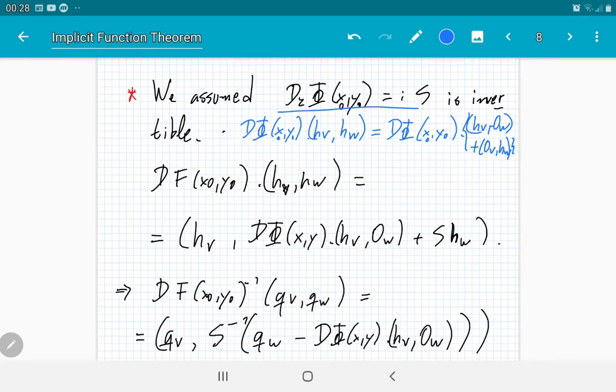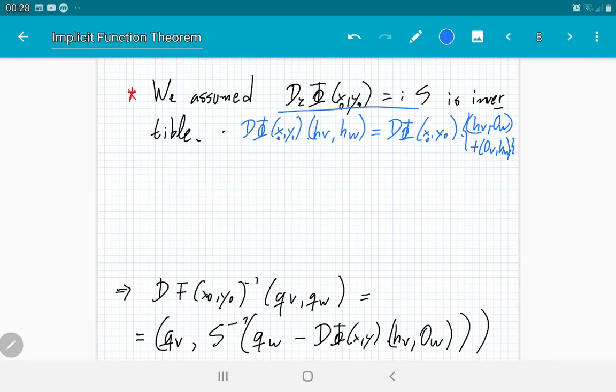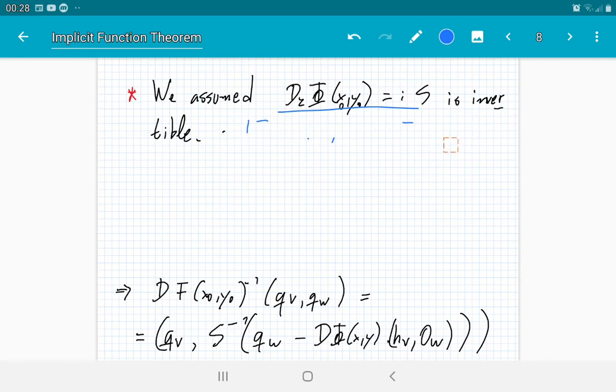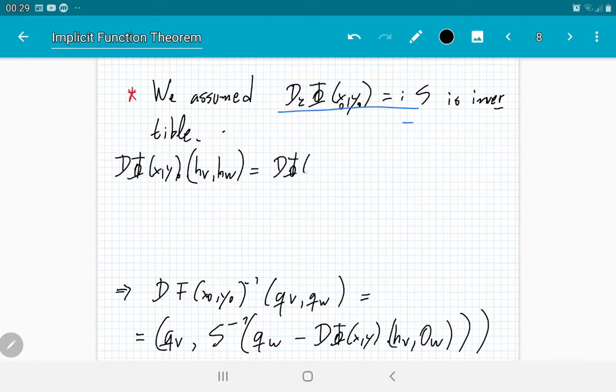So let me erase this and write it slowly with you. d phi of x naught, y naught, apply it to hv, hw. I'm just going to use the Cartesian product, where the vector operations are coordinate by coordinate.